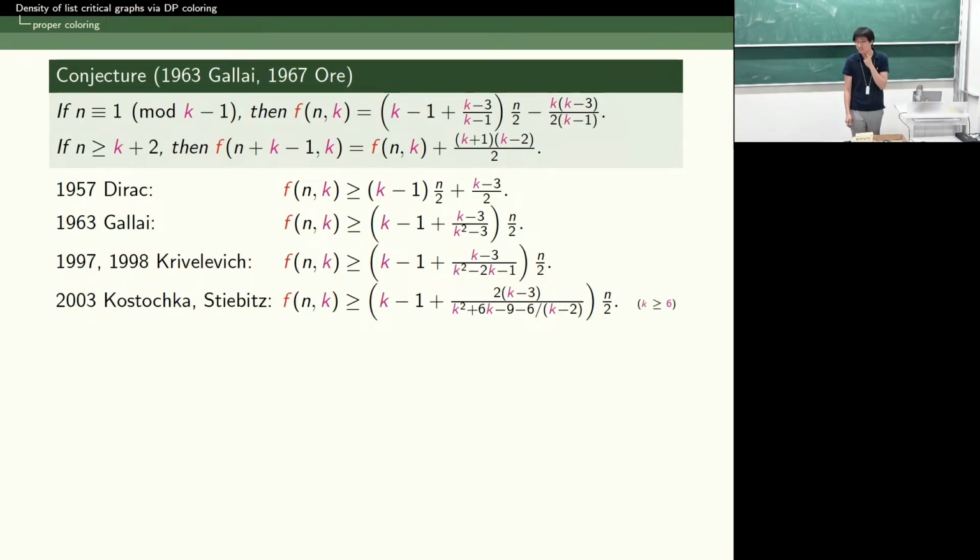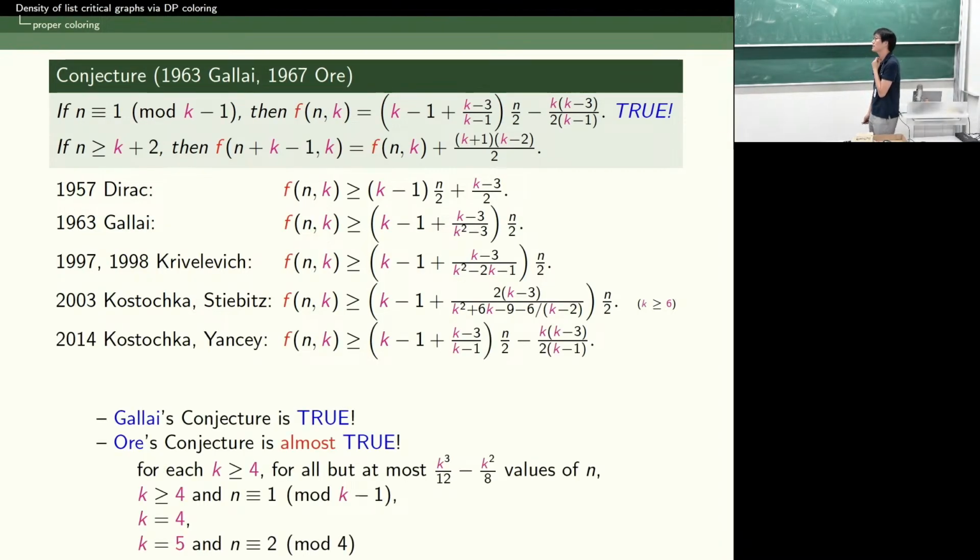Until, actually, when I was a grad student, Sasha and Matt Yancey proved this conjecture. They said, okay, this conjecture by Gallai is true. And they proved something that's between Gallai's conjecture and Ore's conjecture. So they proved Gallai's conjecture, and then they also proved Ore's conjecture for every value of k and n, except for some finitely many values of n, depending on the value of k.